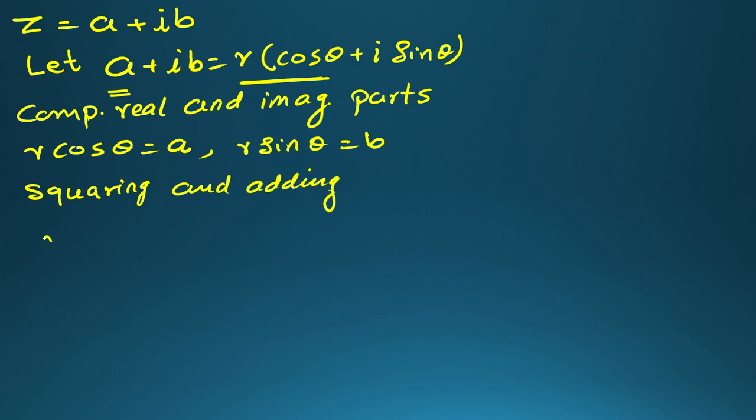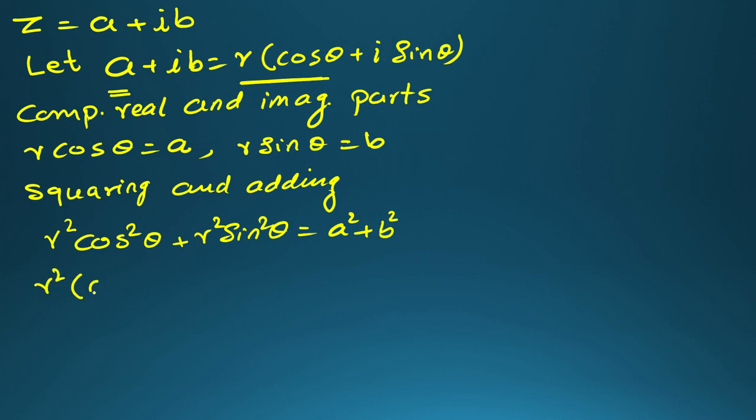What will you get here? r square cos square theta is equal to a square, and adding, plus r square sin square theta is equal to b square, so the sum is a square plus b square. So r square in bracket cos square theta plus sin square theta is equal to a square plus b square.